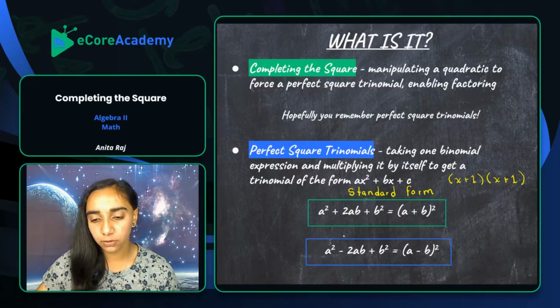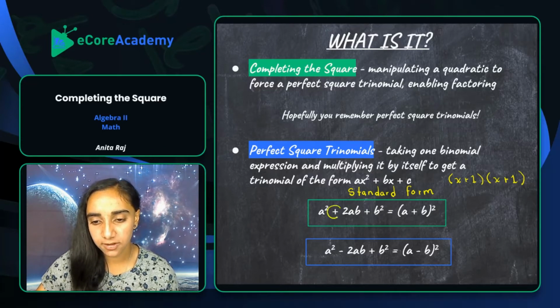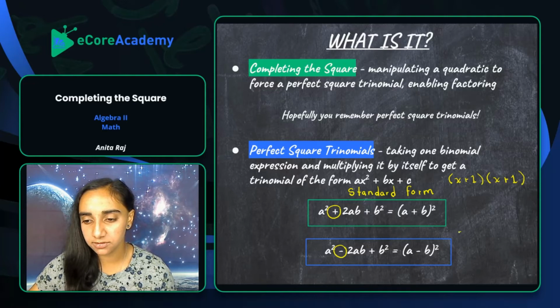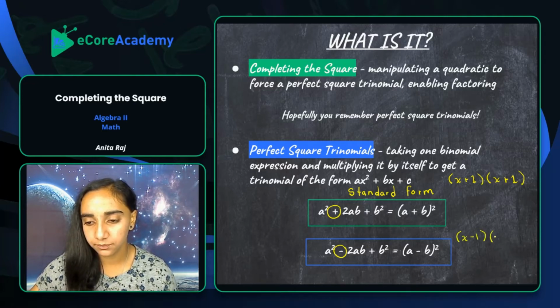If you look at this, the only difference is that this first perfect square trinomial has an addition sign. This one has a subtraction sign. So therefore, it's just equal to the difference of two terms. In this case, we would have something like x minus 1 times x minus 1. And if you just square them, you'll get this.